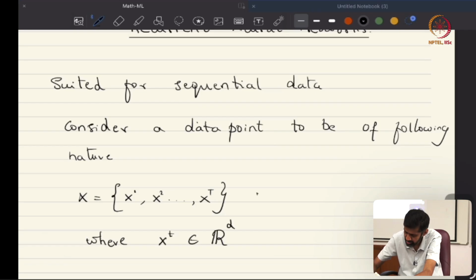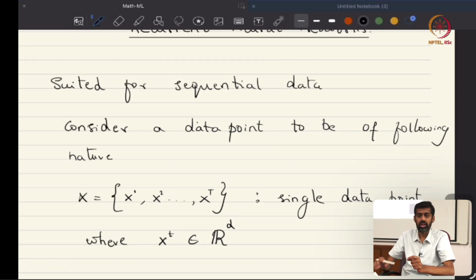So this is a single data point. Understand? What we have is a sequence of vectors, a capital T length sequence of vectors. Each element of this sequence is a d-dimensional vector. You see what I am saying?